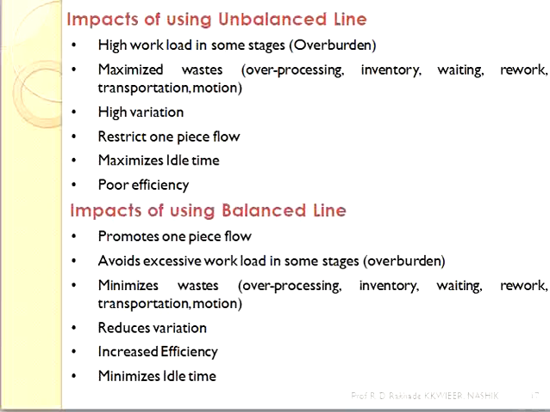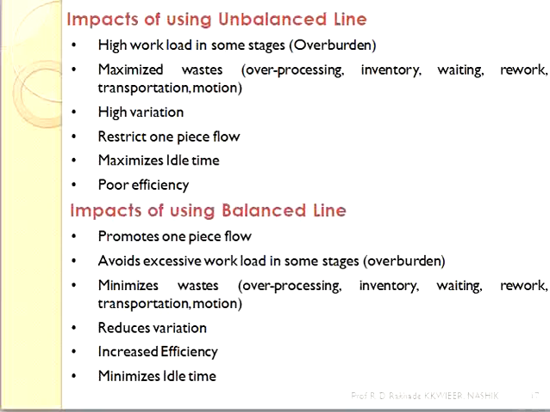Then maybe there is high variation from product to product. Then restriction of one piece flow. Then maximum idle time: if some stage has overburden, obviously there is a chance of maximum idle time in other stages or tasks.